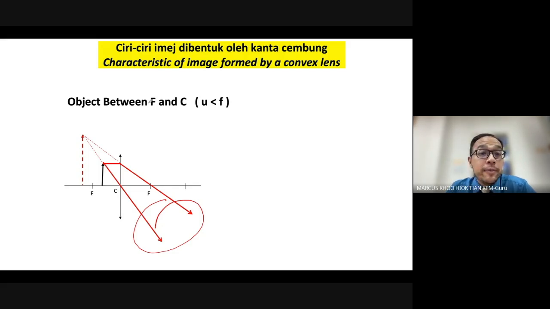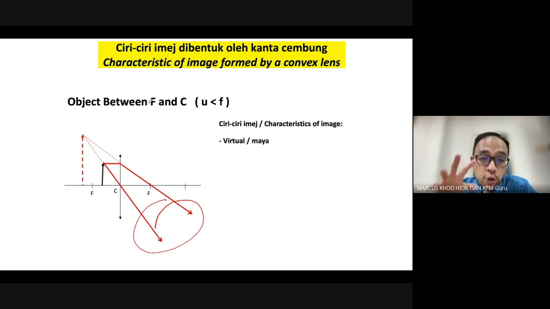Okay, so this is a little bit different now. Okay, since it is on the same side as the object, we call this a virtual image. Okay, you cannot see it on the screen. Okay, it will somehow magically appear in front of you or somewhere else lah. Okay, and it is not terbalik. Notice, it's not terbalik. So this is upright.